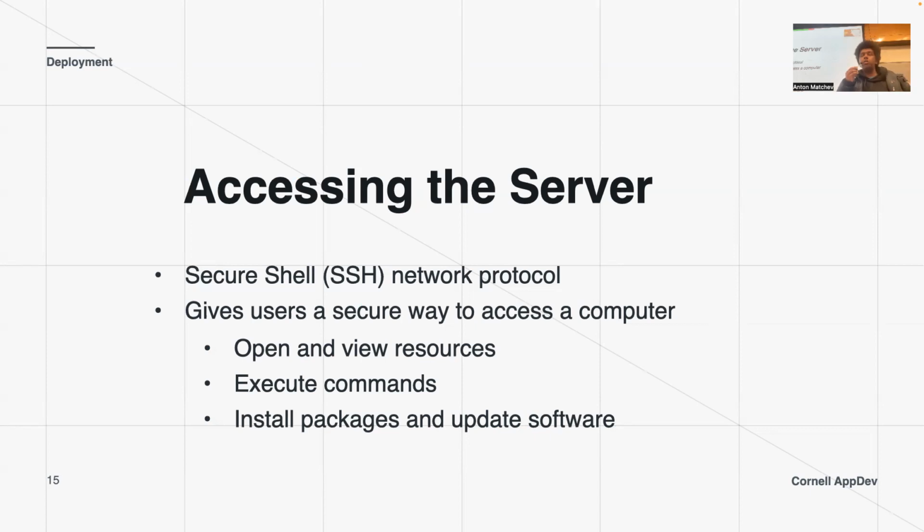That's a network protocol that gives you access to a server from a specific port. I think the port's 22. It allows you to connect to your server and then open and view its resources. You can execute commands on it like a terminal. You can also install packages, update software, and most importantly, you can run your code on the terminal, on the server.